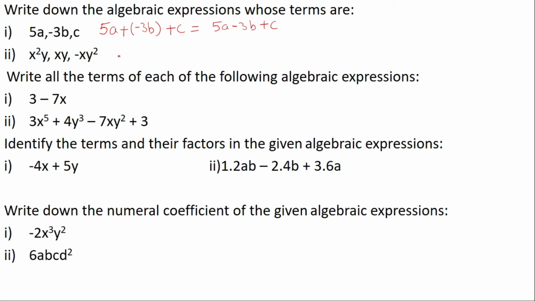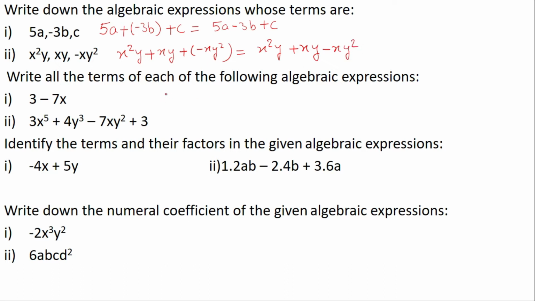Second one is x squared y, plus xy, plus minus xy squared. Now we have to check if any like terms are there. No like terms are there, so we can write x squared y plus xy minus xy squared.